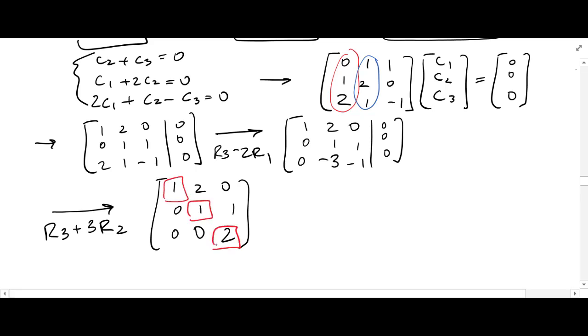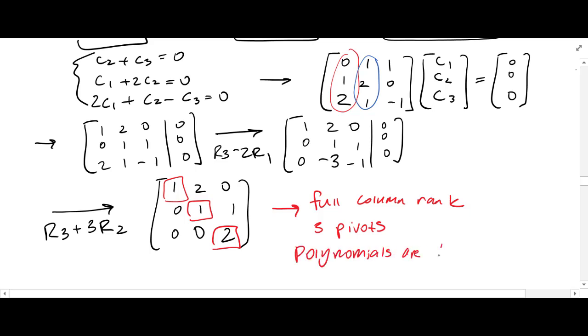So it's full column rank. 3 pivots, meaning the columns are linearly independent, so the polynomials we started with are also linearly independent. So that's independence.